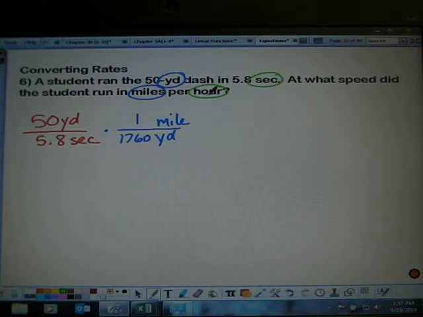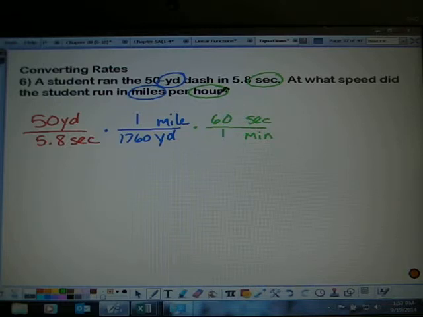Now we also have to change it from seconds to hours. And you may not know how many seconds are in an hour. If you do, you can go ahead and write that conversion right now. But if you don't, here's what you could do. Seconds is on bottom, so seconds goes on top. You know how to change it from seconds to minutes, so we can start there. There's 60 seconds in 1 minute.